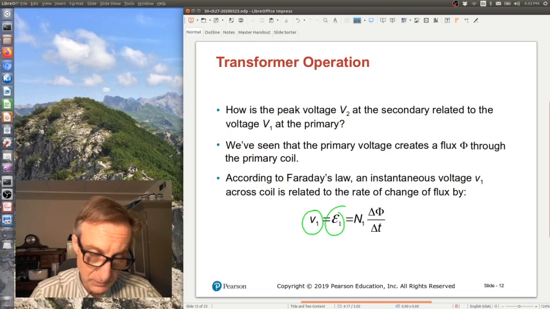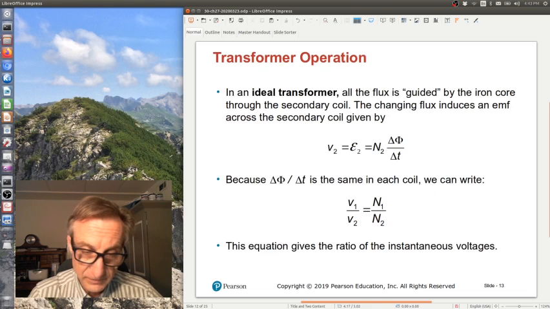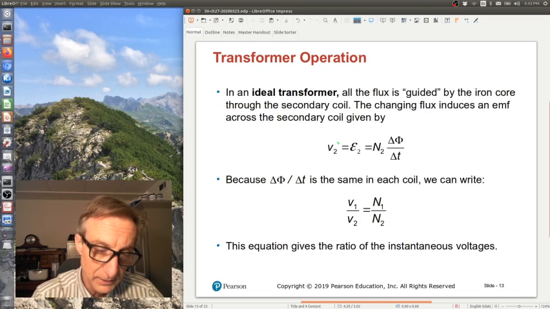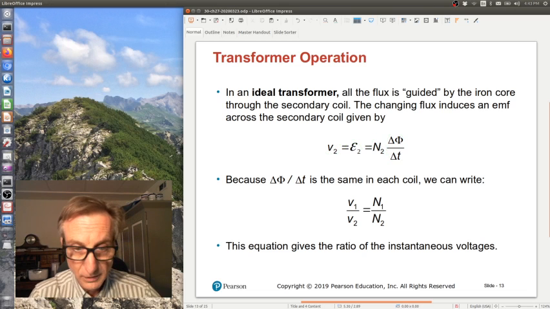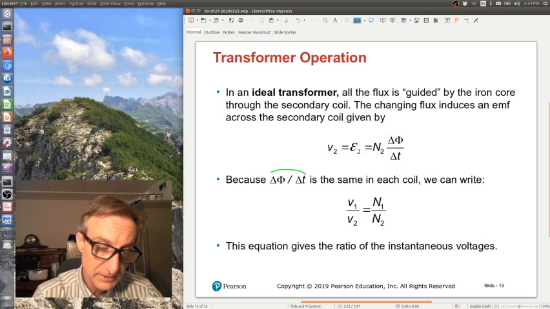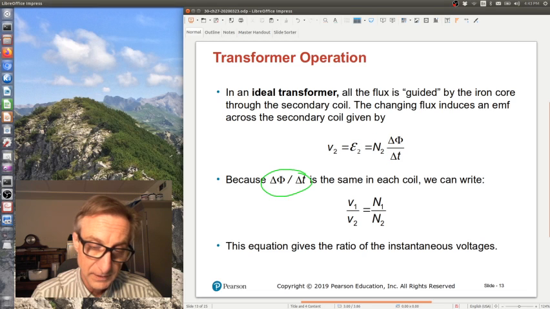This delta phi over delta t is then felt by the secondary coil. The secondary coil has EMF E2, which is going to be that same delta phi over delta t times N2. Therefore, the larger N2 is, the larger the induced voltage in that secondary coil is. Delta phi over delta t is the same in each coil.